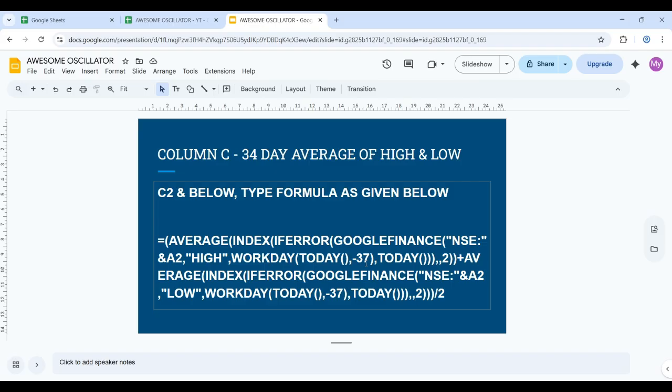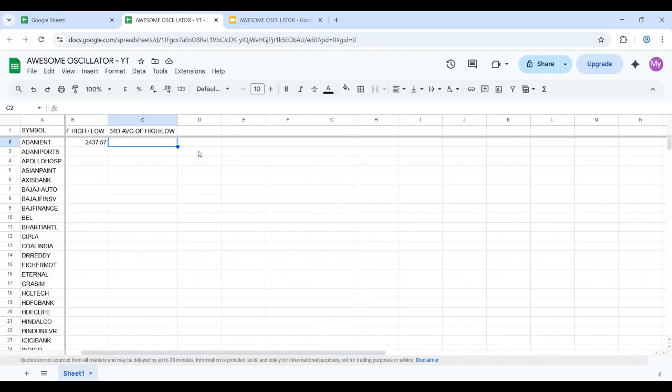You need to check that -37 returns 34 days, fine. If it is returning 35 or 36 days, you need to reduce it to -36, -35 or -34. And if -37 is not returning 34 days, it is returning only 33 or 32, you can increase it to -38, -39, and so on and so forth.